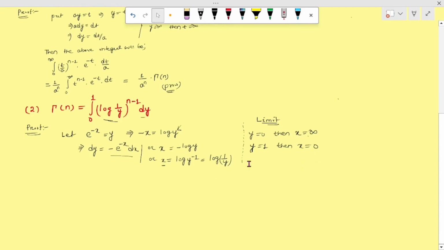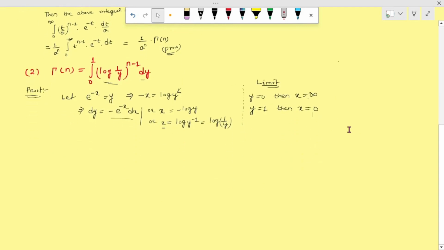Now we are going to write this integral by substituting these values. Hence the above integral will be from infinity to 0.